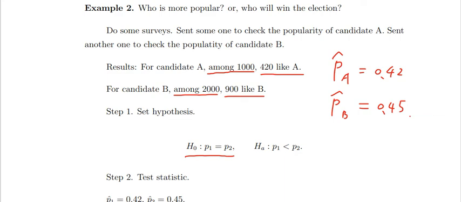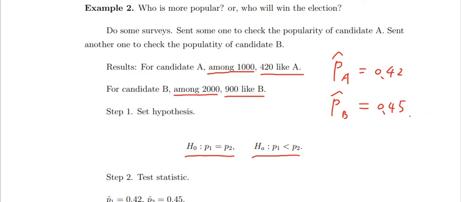These 2 candidates' popularity is quite the same. And for HA, we choose this: candidate A is significantly less popular than candidate B, or P1 less than PB.